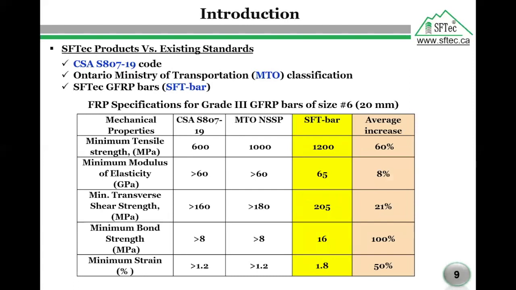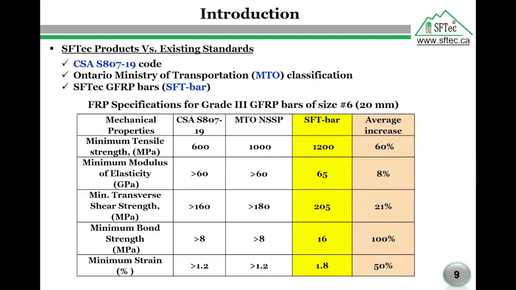This table presents the mechanical properties for grade number 3 GFRP bars of size number 6. Size number 6 here means 20 millimeter. As we see here in the first row, the tensile strength of SFT bar exceeds the minimum requirement of the Canadian standard S807 and MTO by 60% on average.